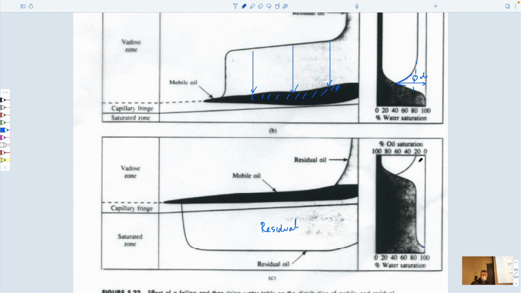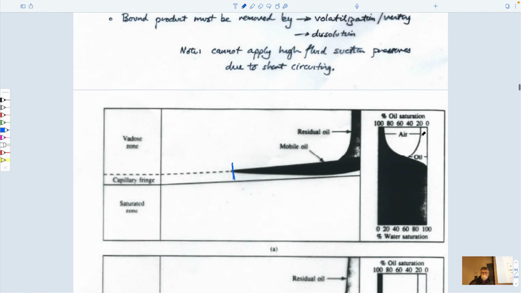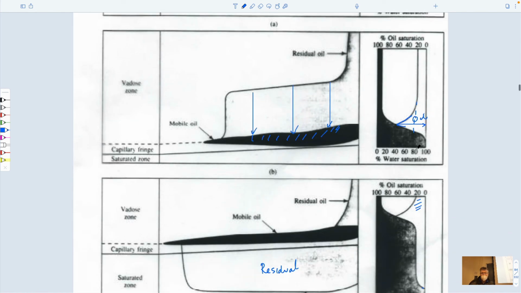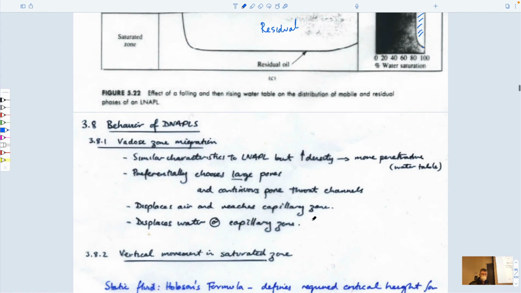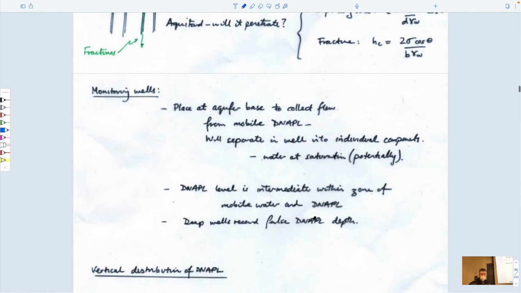So you have a chimney here in the vadose zone, which you originally had at the top here. But now you have, I suppose you could think of it as, an inverted chimney below the water table, which is due just to this process. Pretty straightforward. So that's all I really want to say about LNAPLs.